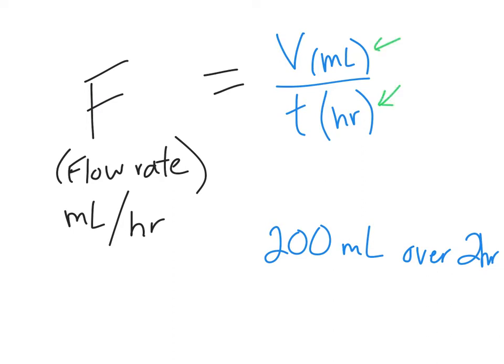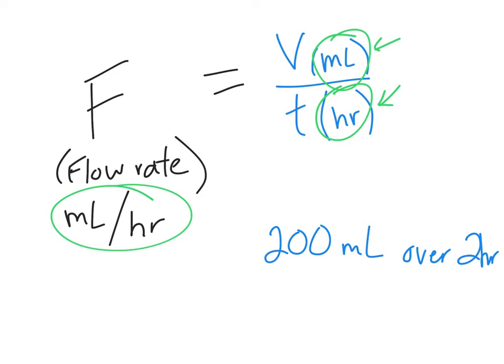Since nothing cancels out, I'm left with milliliters per hour, which is exactly what I'm trying to solve here. So when you're asked to find milliliters per hour, all you're going to be given is a volume to be given over a certain amount of time. All we need to do is divide those two numbers, making sure that your time is in hours in this case. A little bit different than the last formula when we were calculating drops per minute, where time obviously needed to be in minutes.